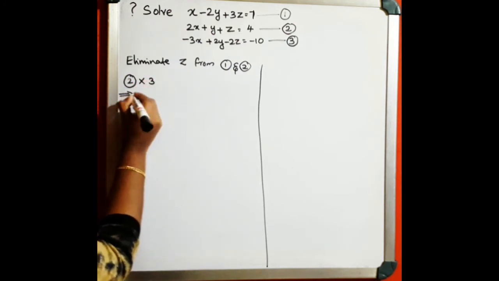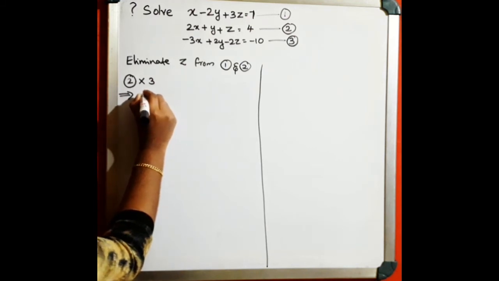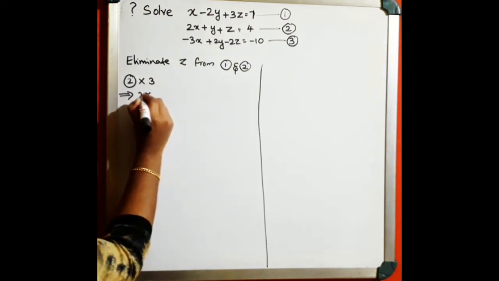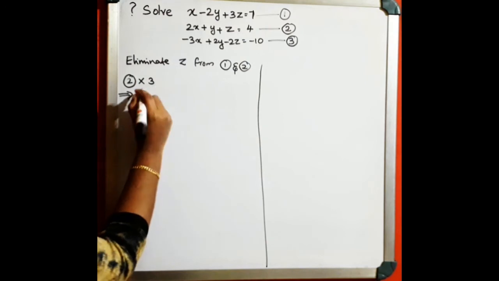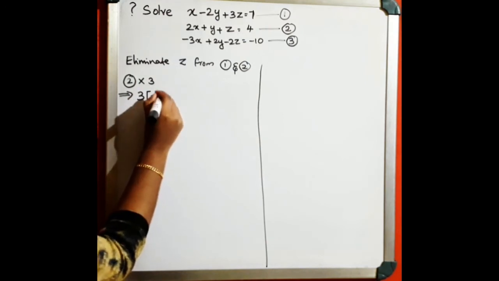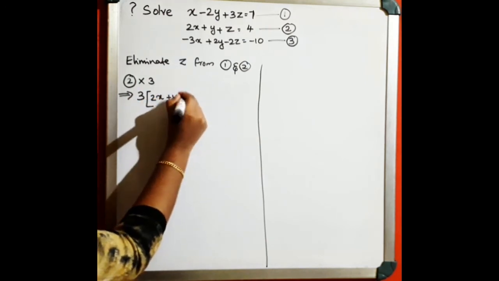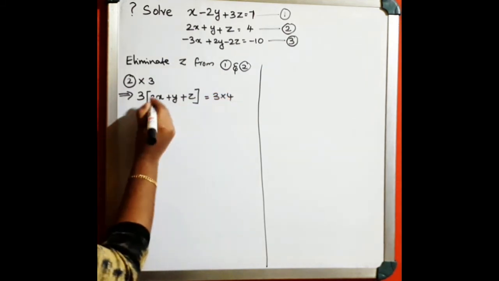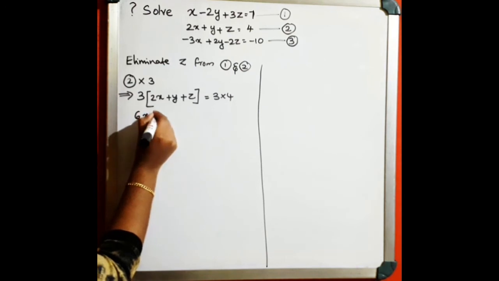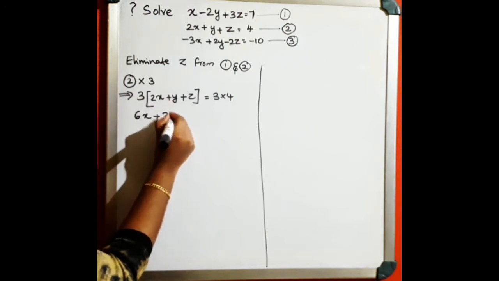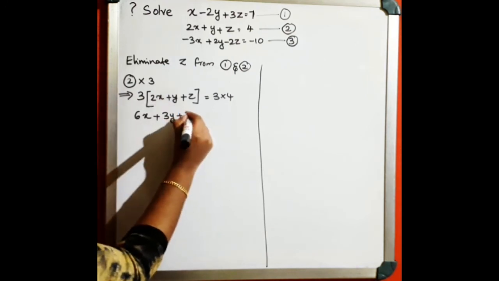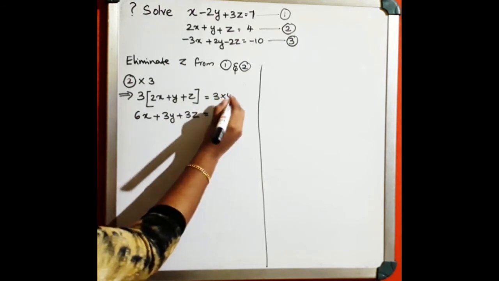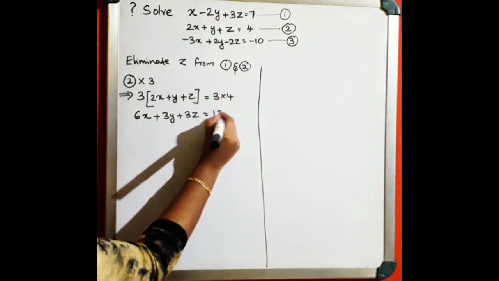So it implies 3 into 2x plus y plus z is equal to 3 into 4. 3 into 2x is 6x plus 3 into y is 3y plus 3 into z is 3z is equal to 3 into 4 is 12.